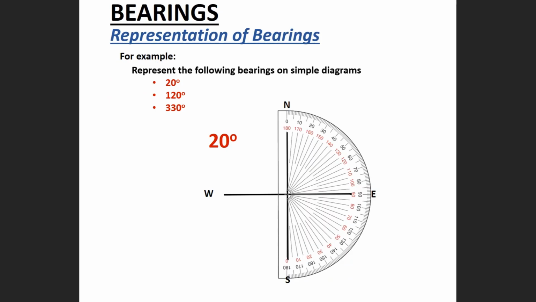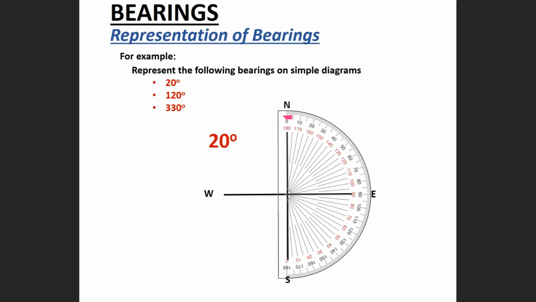I can't place it on the horizontal line because that would be difficult for me to read 20 degrees. You can see 0 is right here, and you have to start from north.